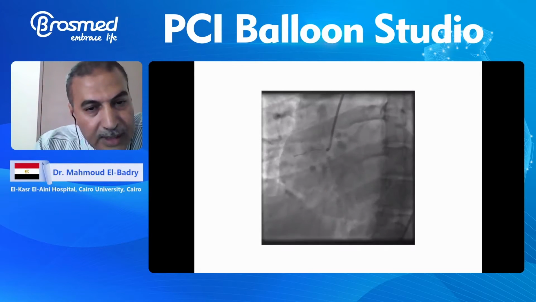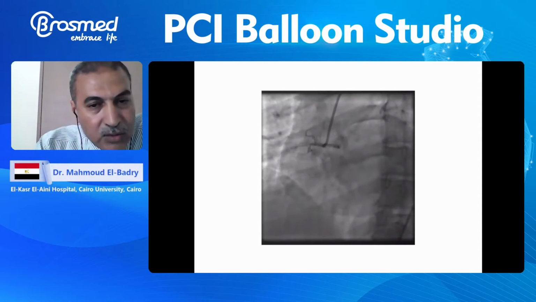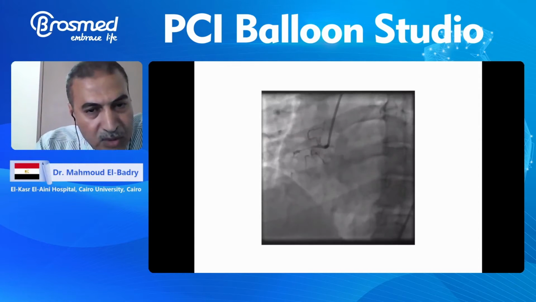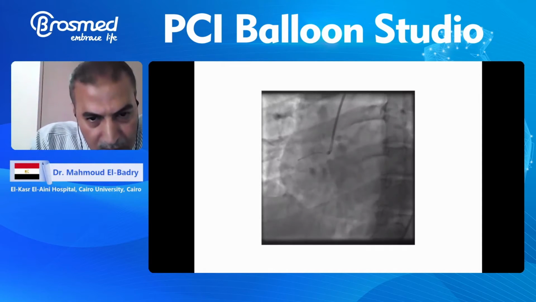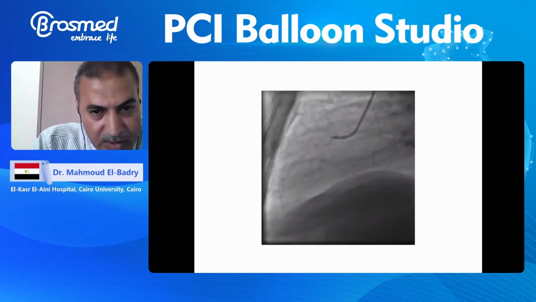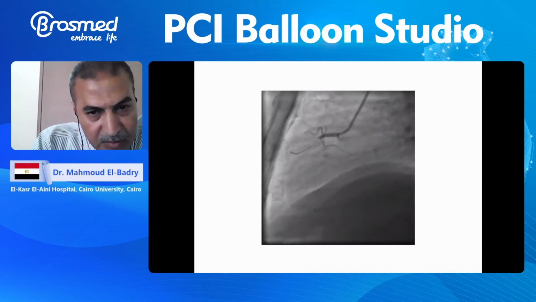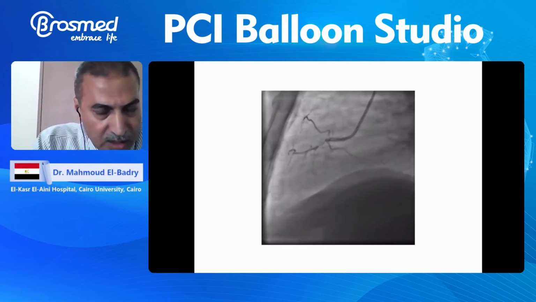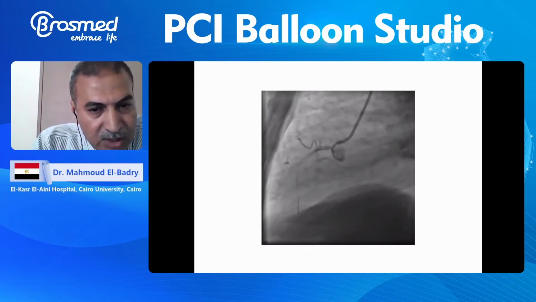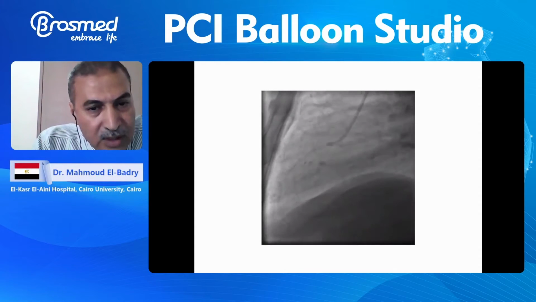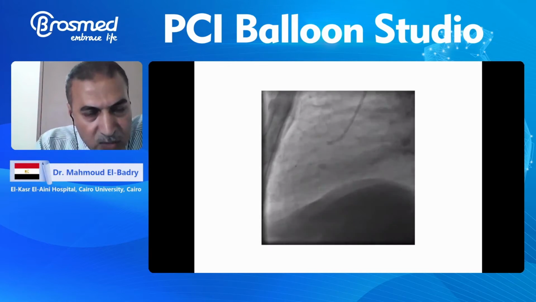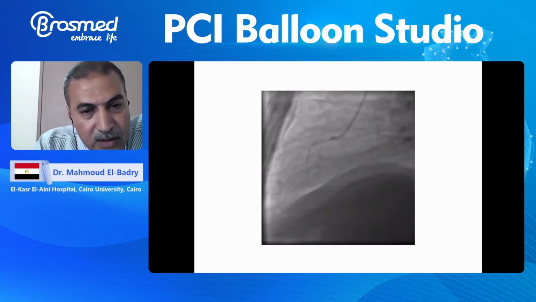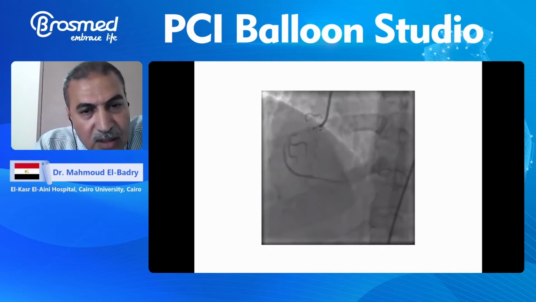At this time, I thought of the use of an anchoring wire in this branch and another wire to cross, but I tried manipulation and then finally crossed with the support of the 1.25 balloon, 1 by 12, and then started redilatation, and again flow is resumed.